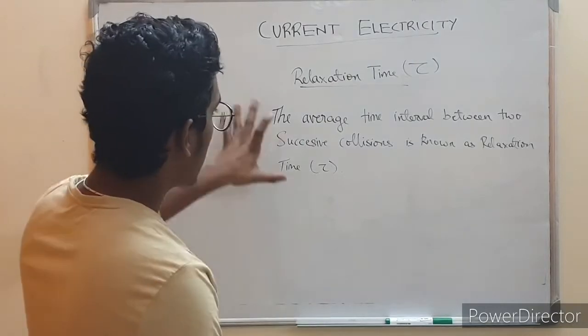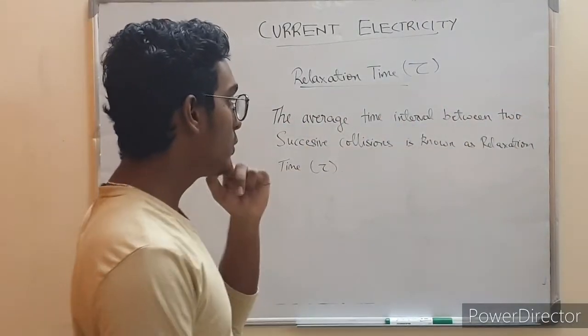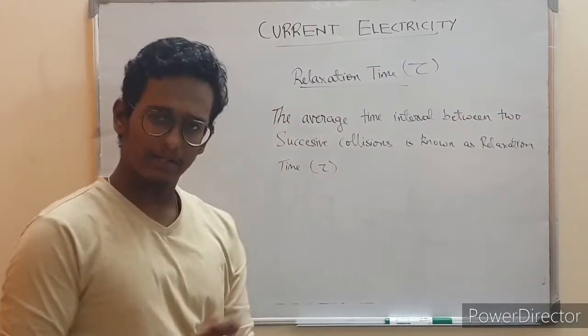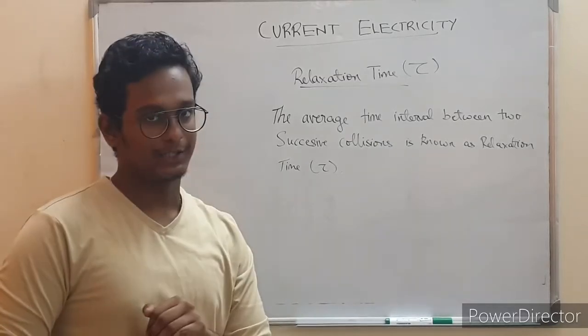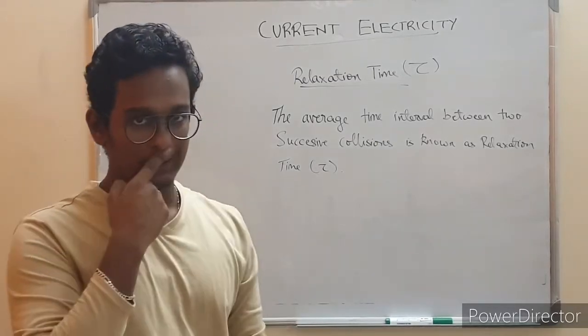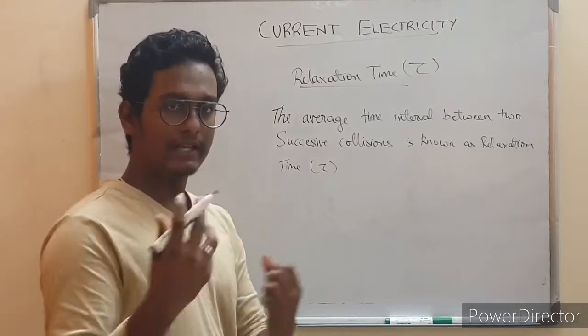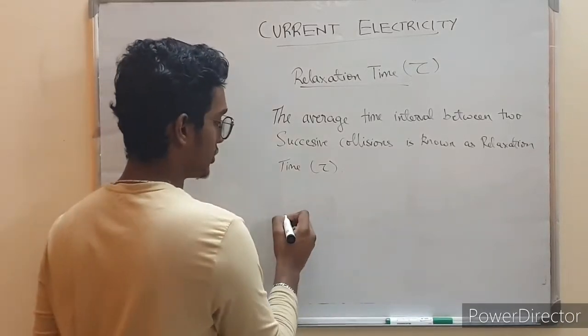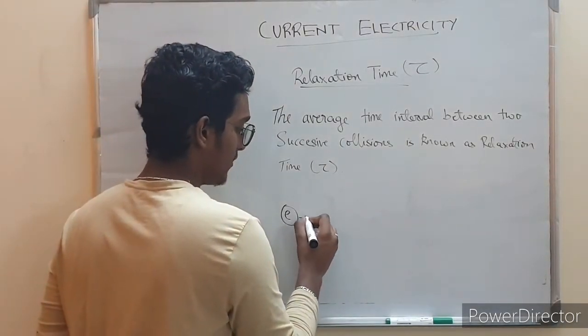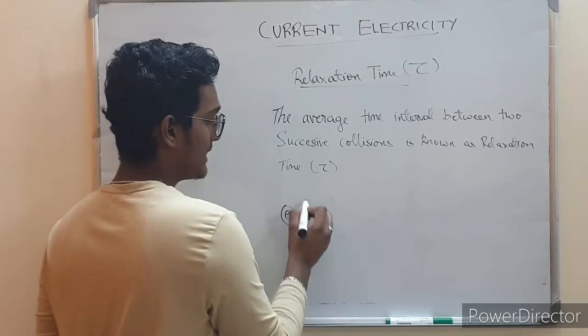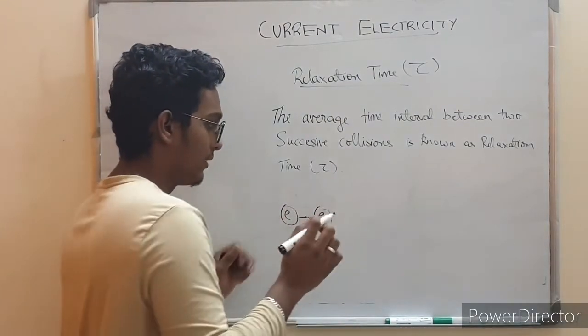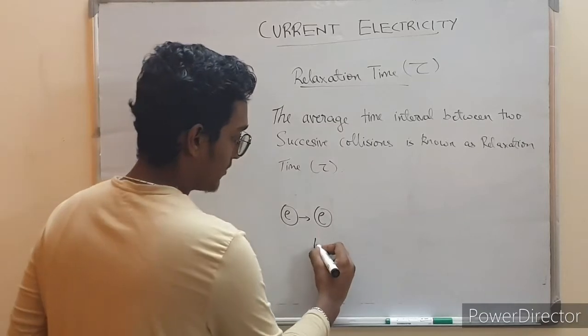Okay, so the average time interval between two successive collisions of electrons is known as relaxation time. And why is this quantity important? Let's say you have an electron and another electron which are almost about to collide. You have an electron which has collided with another electron, and this is the first collision.